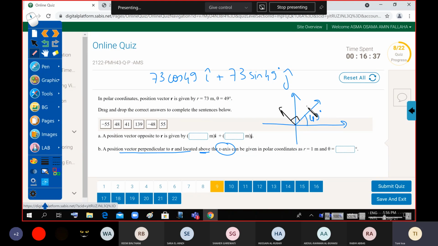Making an angle 90 degrees, this is vector r that they are talking about. So this is the new vector perpendicular to r above the x-axis. So what will be its angle theta? It will be this whole thing, because I need to refer to the positive x-axis, and when you add 90 to 49, you will get 139 degrees. Okay, so the answer will be 139 degrees.